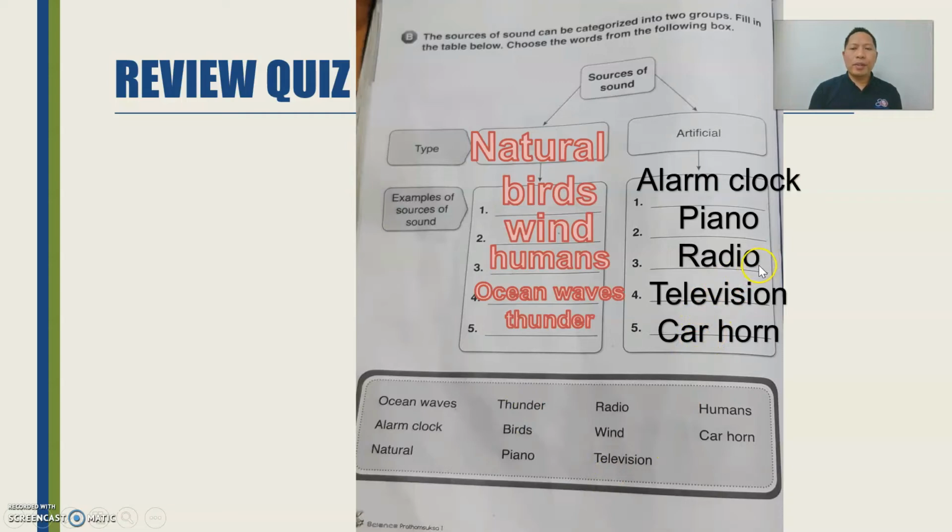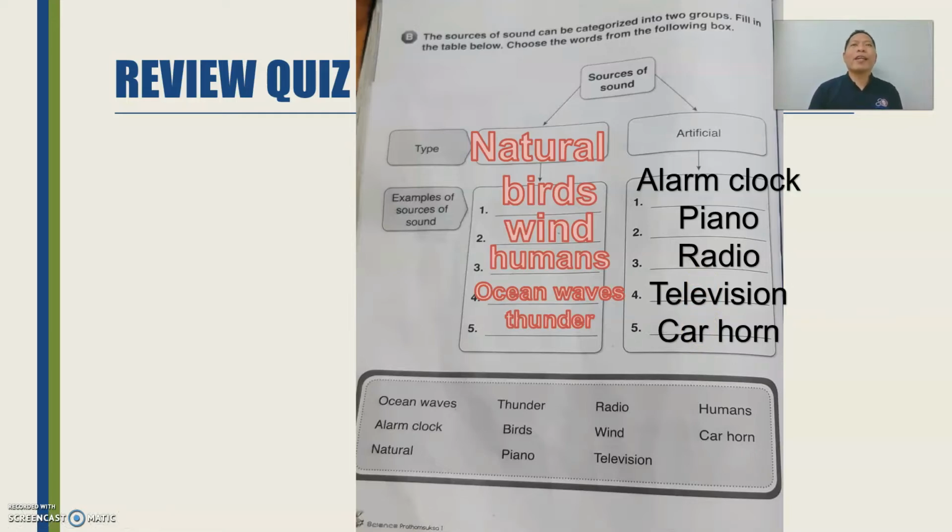Radio. Next, television. Television. Next, car horn. Car horn. So these 5 examples that you answered last meeting are correct, because they belong to artificial sound.